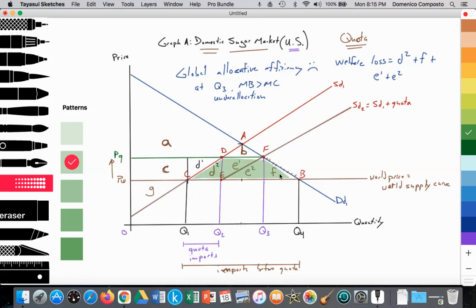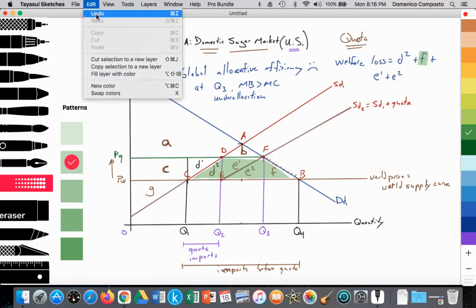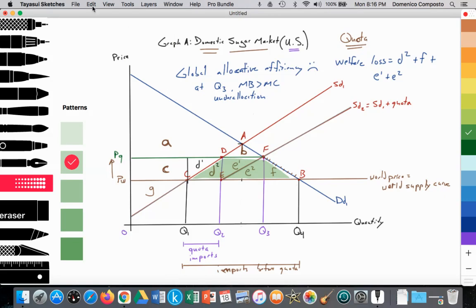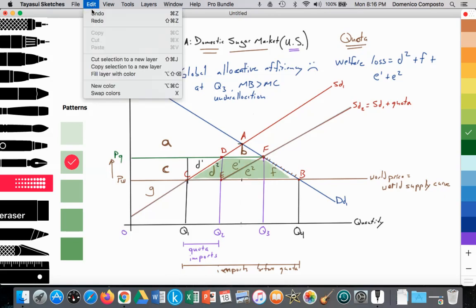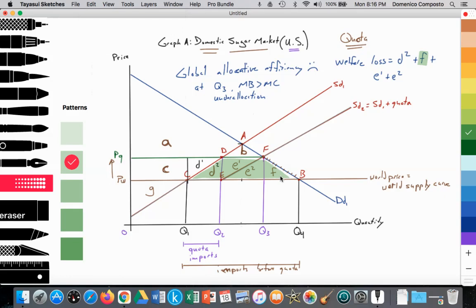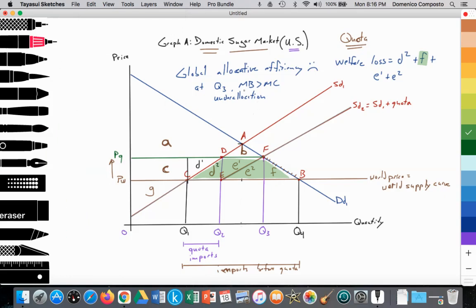Okay. F, as we've seen before, represents the reduced consumption, where at Q3 marginal benefit is greater than marginal cost. So we've lost that consumption.